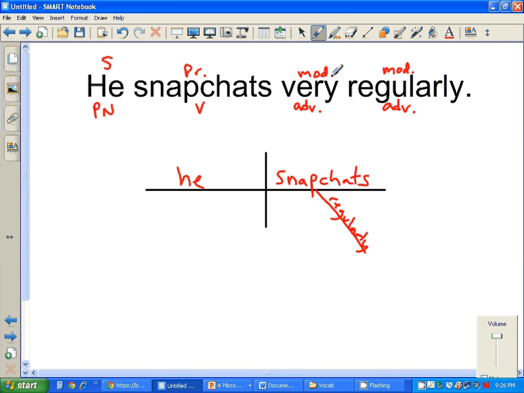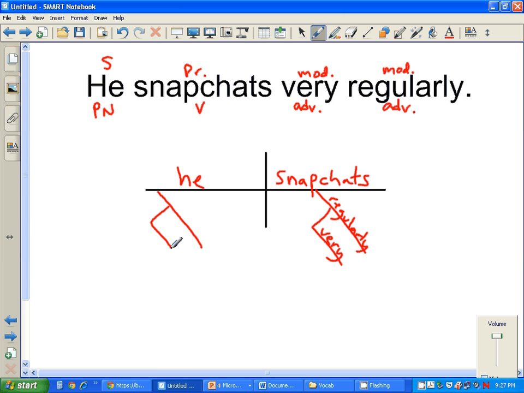It tells us how regularly he Snapchats. It doesn't tell us how he Snapchats. So what we do on this one, it's a little bit tricky, you're going to break it off right there and show how it modifies that word regularly. So a little bit tricky, but that's an adverb modifying another adverb. If we have an adverb modifying an adjective, we do the same thing over here, if we had that case.